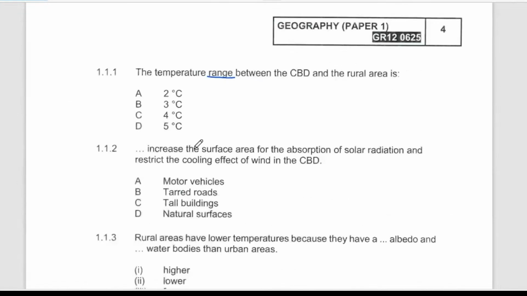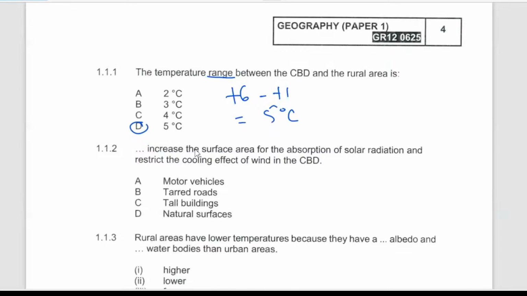So the temperature range is the difference between positive 6 and positive 1. That gives us 5 degrees Celsius. So our correct response is item D, which is 5 degrees Celsius, which we find by getting the difference between the highest temperature, which is closer to the CBD, and the temperature of the rural area, which is positive 1. Right, we move on to the next question.